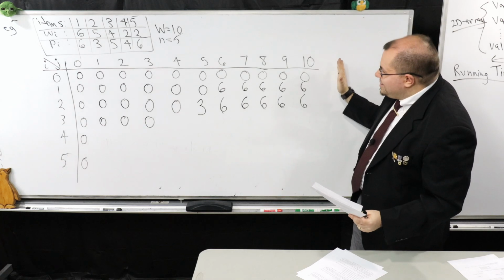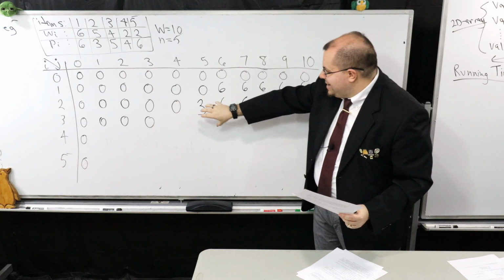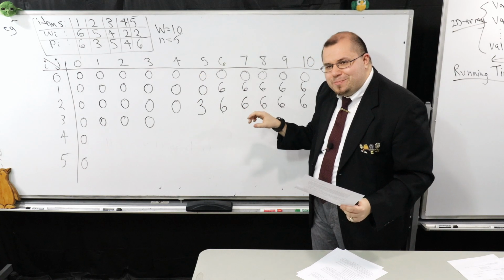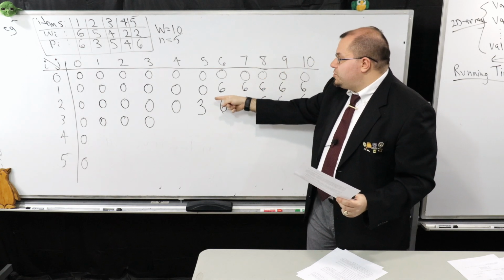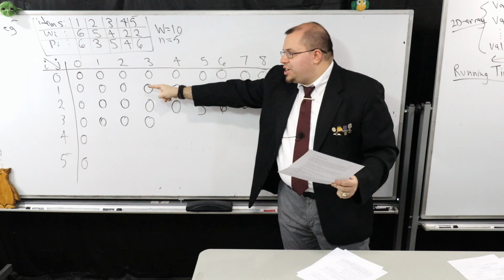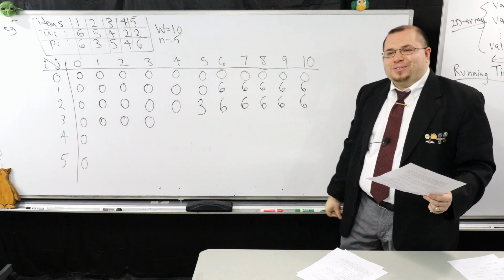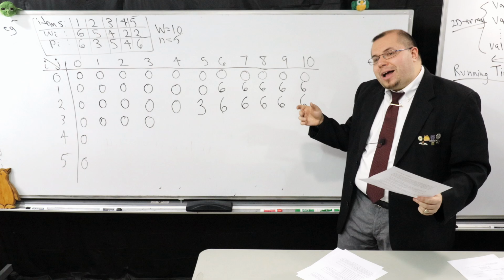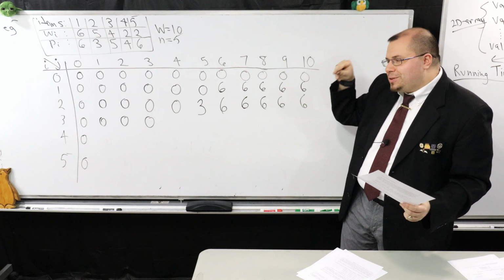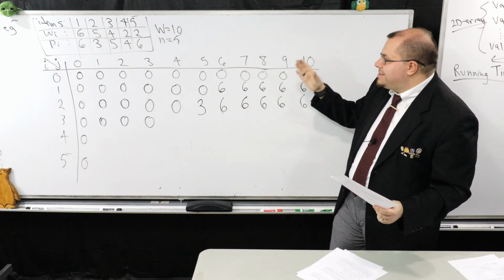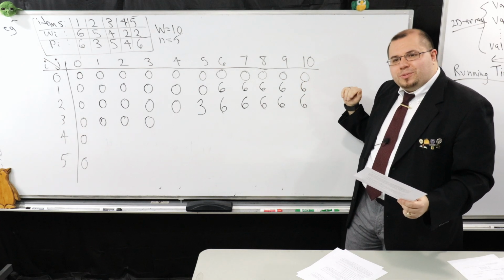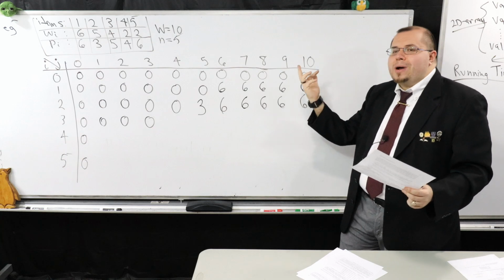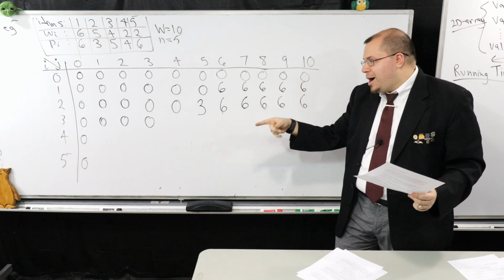Generally all you're doing is looking at the entry directly above it and comparing that against the entry directly above it, shifted left to wherever that entry would be. If I put that item in, that means I'm going to decrease the weight I have, just like in my previous examples. Those are your 2 entries in this table you always have to keep in mind when you're filling this in.